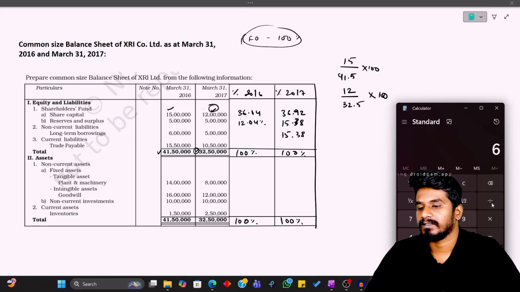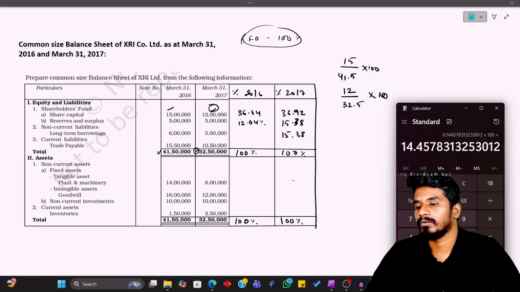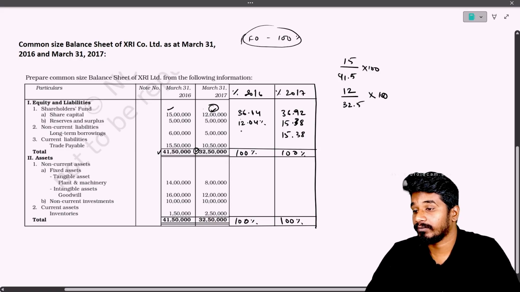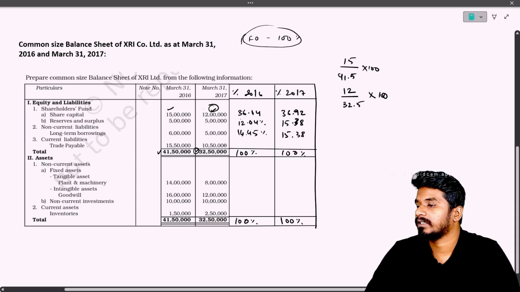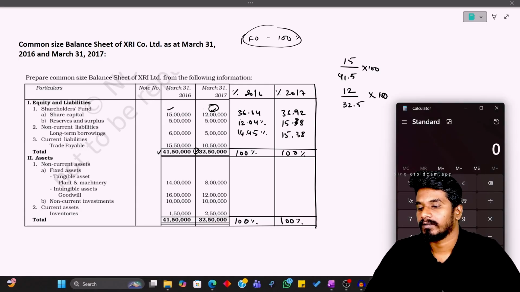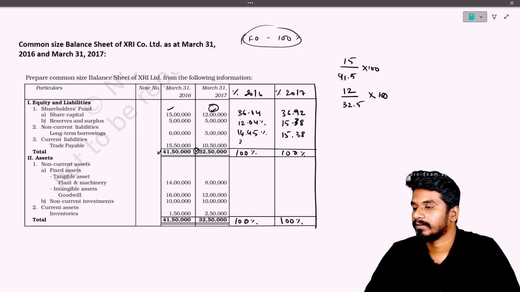And 6 lakhs divided by 41 lakh 50,000 into 100. If you do that, you'll get 14.45 percent. And 15.5 divided by 41.5 lakh into 100 is 37.34 percent.